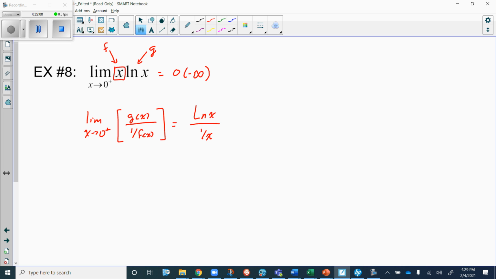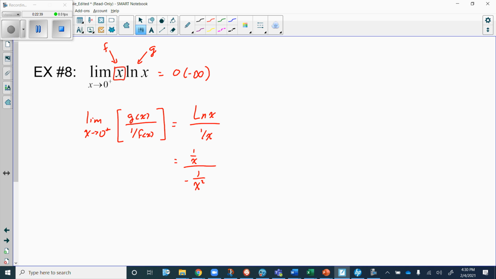So the derivative of the natural log of x is going to be 1 over x. The derivative of 1 over x, in that case, is going to be negative 1 over x squared. And then you can start doing substitution here. If you start plugging in 0, you're still going to wind up with something that doesn't work very well.